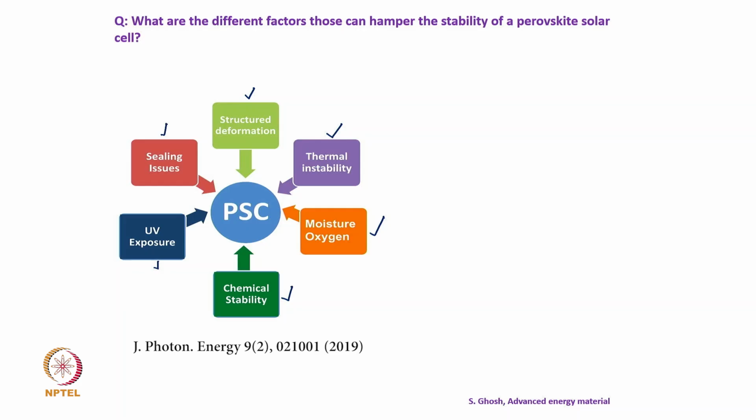So, these are all factors which play together, and therefore, stability is an important issue in perovskite. Along with that, the most common metallic element used in the perovskite material is lead, which is toxic.